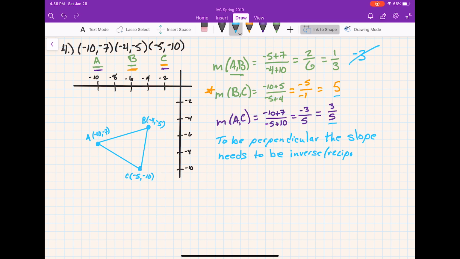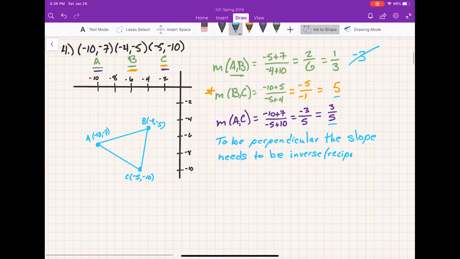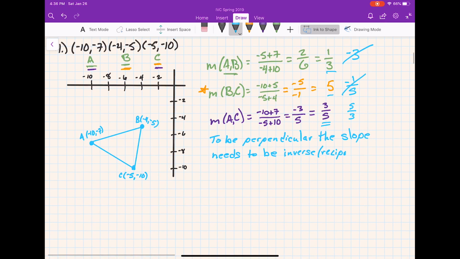So we got the reciprocal of 1 over 3 is negative 3, and nothing else has that same slope. Nothing has negative 3. The reciprocal of this is going to be negative 1 over 5, and nothing has that. And the reciprocal of this is going to be 5 over 3, and nothing has that. So nothing here is perpendicular.